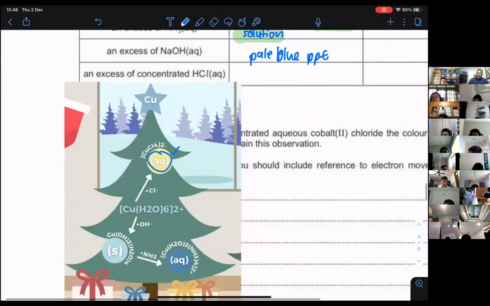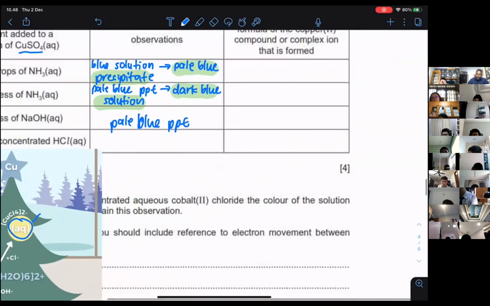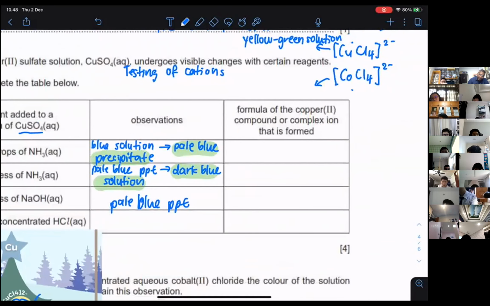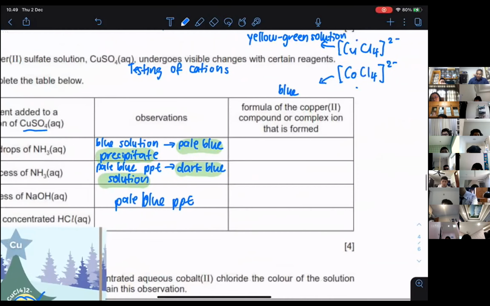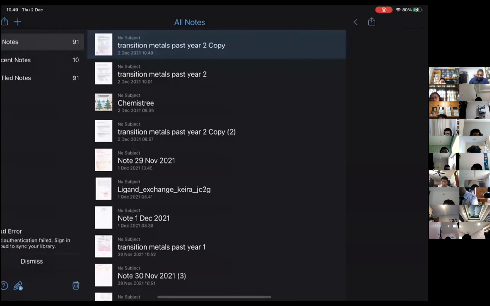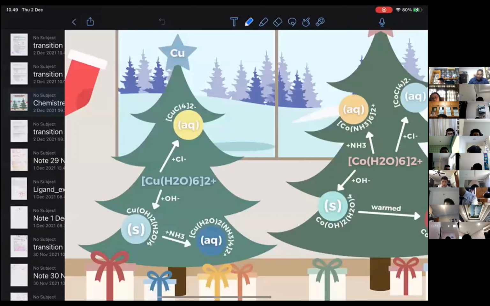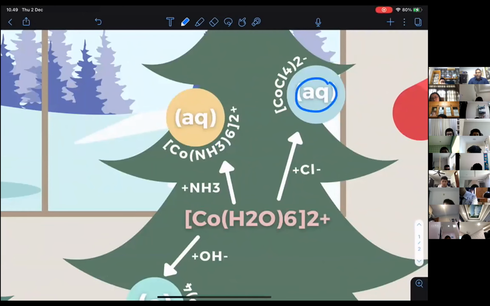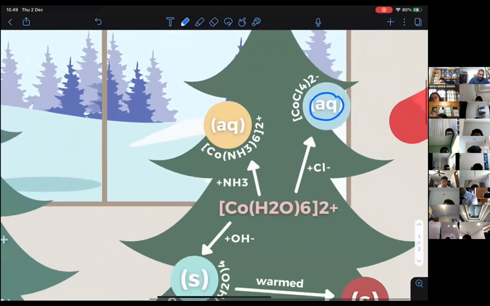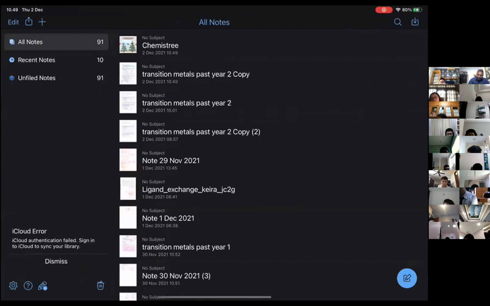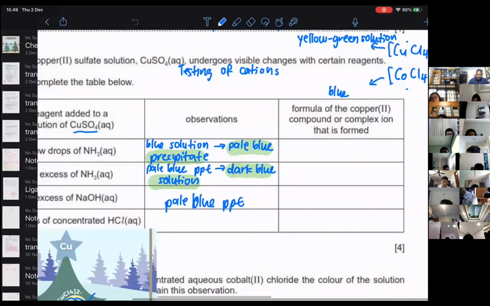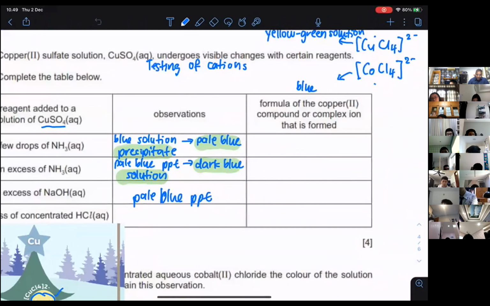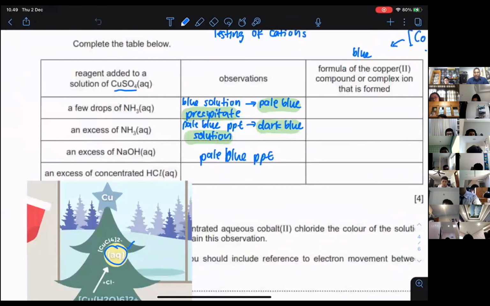Then this one I told you to remember is blue. Not sure whether it's precipitate or not, then refer back. This one is going to be aqueous, you see, blue. Anyway, all these will be available. When I share, make sure you use them in your day-to-day learning.